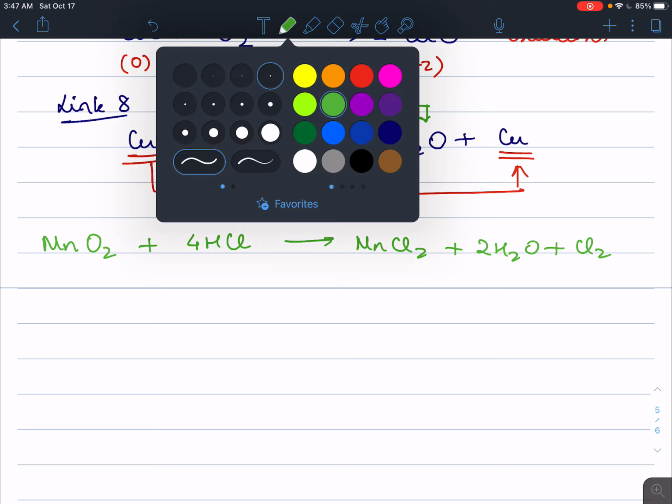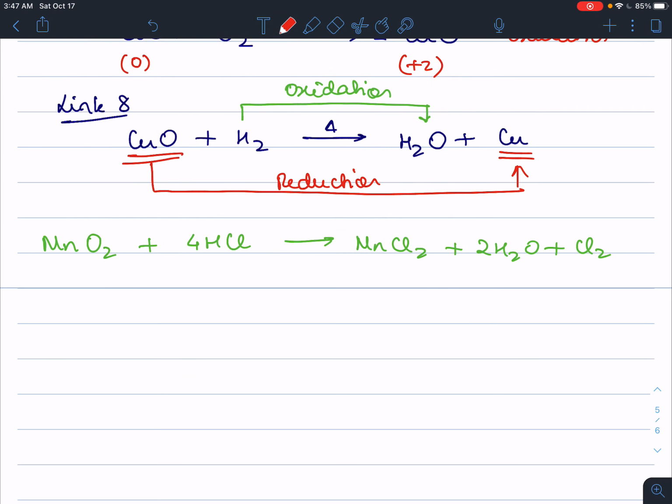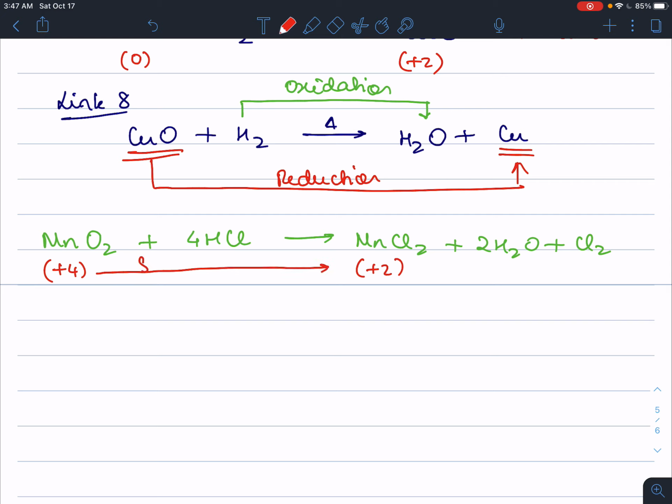Now we know that oxygen is 2 minus, so Mn here is 4 plus, whereas chlorine is 1 minus, so Mn here is 2 plus. So Mn is gaining 2 electrons, and gain of electrons, as we know, is reduction. So this is how you are supposed to look at reduction when oxygen is not involved at all.